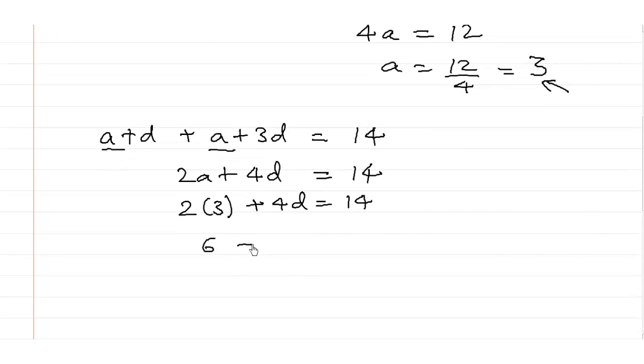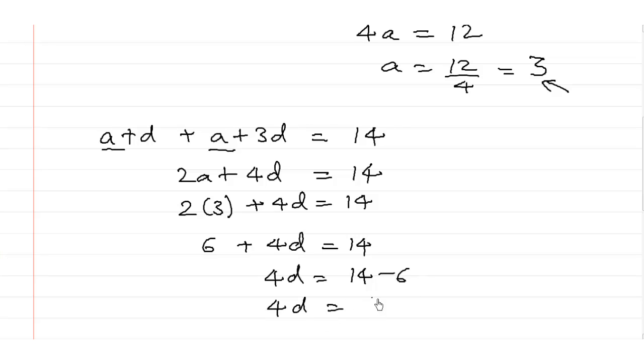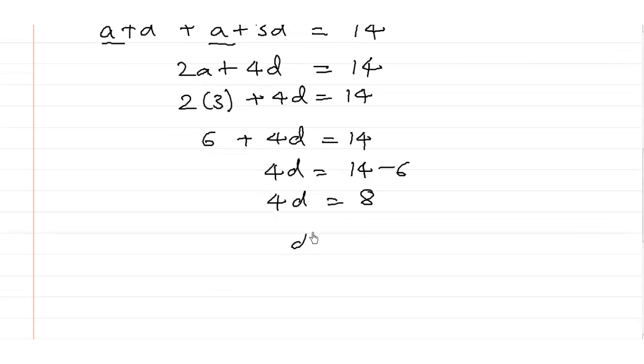So 6 plus 4D is equal to 14. So 4D is equal to 14 minus 6. So 4D is equal to 8. Therefore D is equal to 8 upon 4, and therefore D is equal to 2.